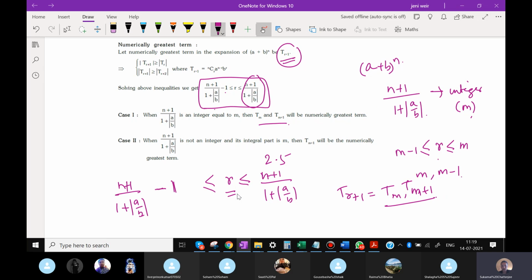Then r will lie between 1.5 and 2.5, so the only integer value of r can be 2, which is the integer part of this value. Therefore, t(r plus 1) would be equal to t(2 plus 1), which is t3. That means the greatest term will be the (m plus 1)th term, where m is the integer part of this one.